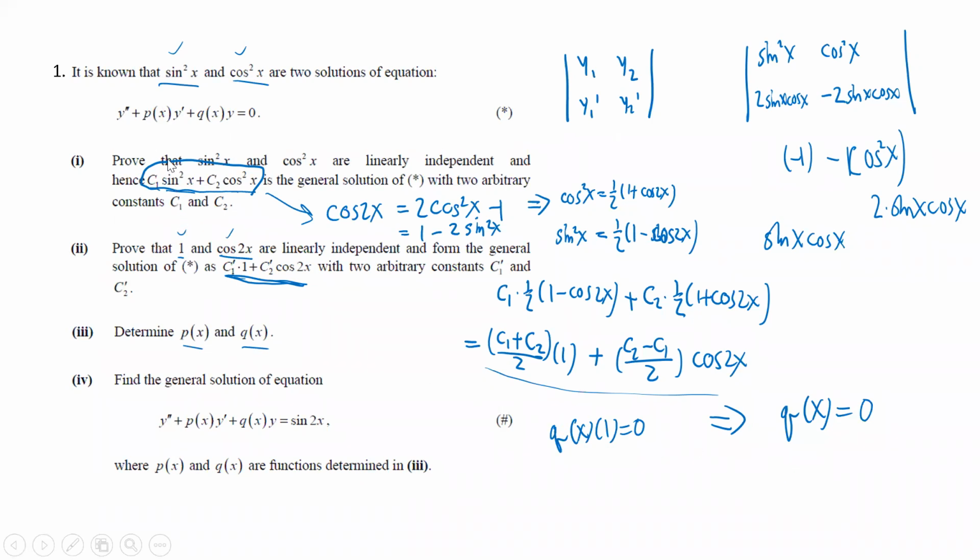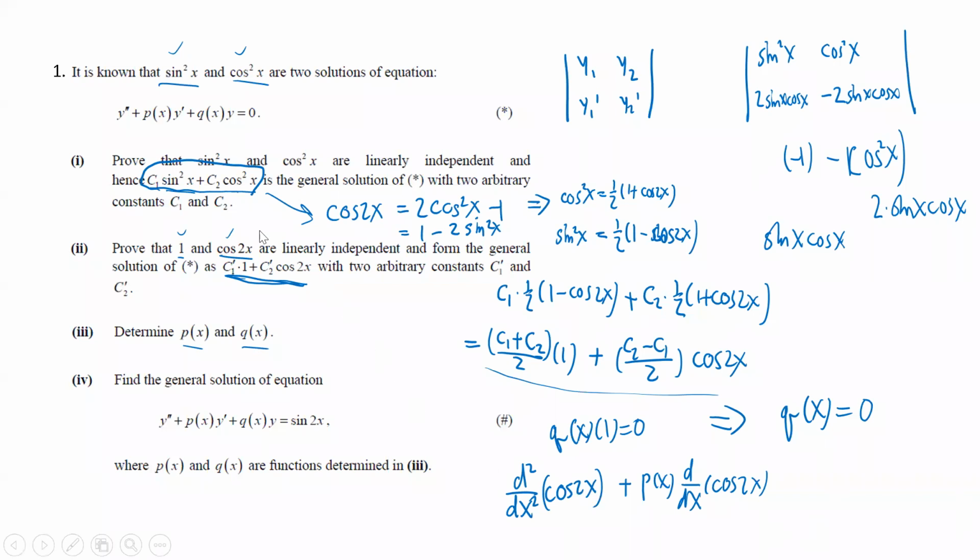So now I also want to find out p(x), right? So what I do is substitute the other solution back into the equation. So I want d square dx square of cosine 2x plus p(x) d dx of cosine 2x.